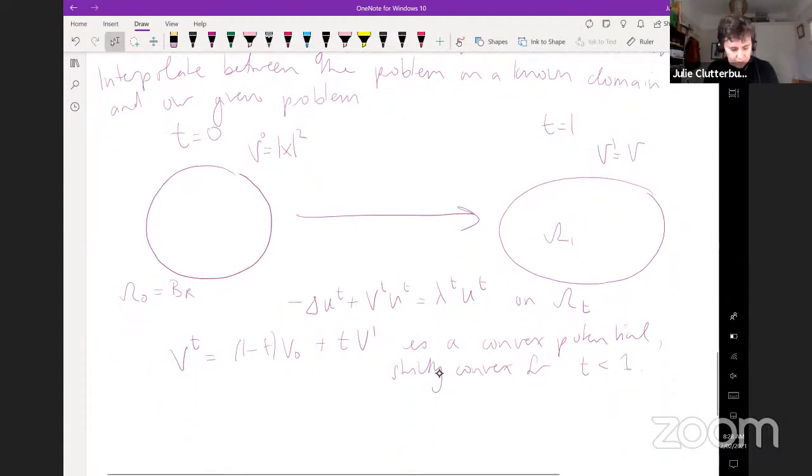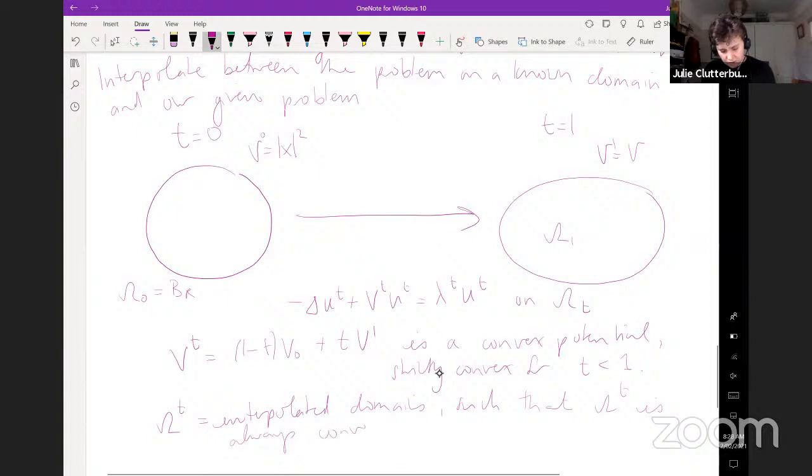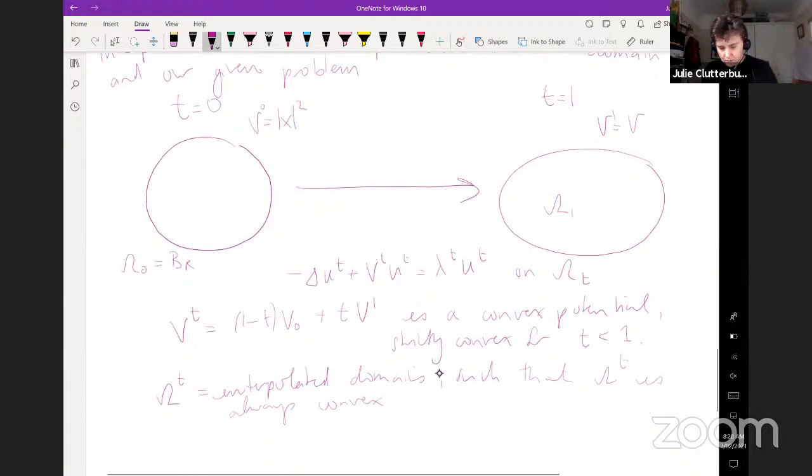And we can similarly interpolate the domains such that it preserves this convexity. There's actually a very explicit way you can do this using the support function.